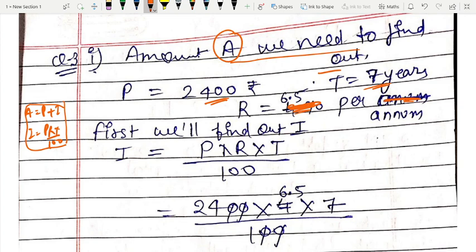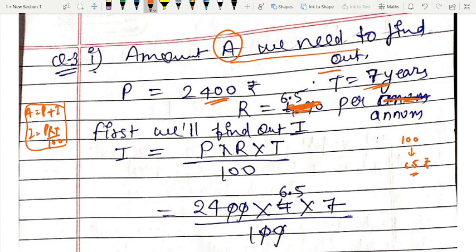So to find out the amount, firstly we will find out the interest, because P is given, T is given, R is given per annum. Per annum means in 1 year. In 1 year, how many rupees he will get over 100 rupees. If 100 rupees is there, then he will get 6.5 rupees extra.